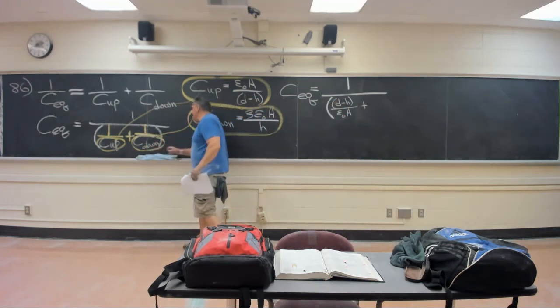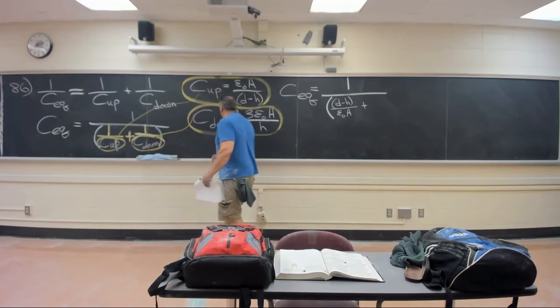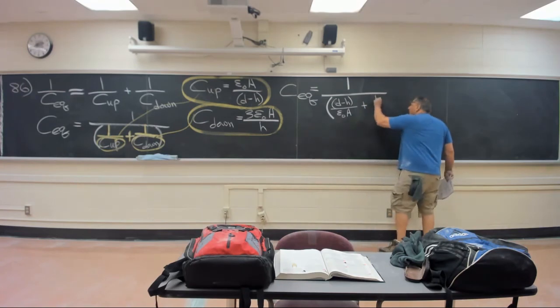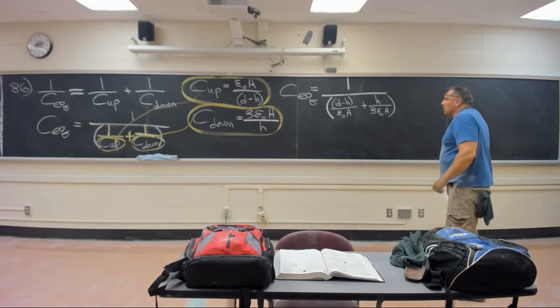One over C down is the reciprocal of C down, which is H. True.